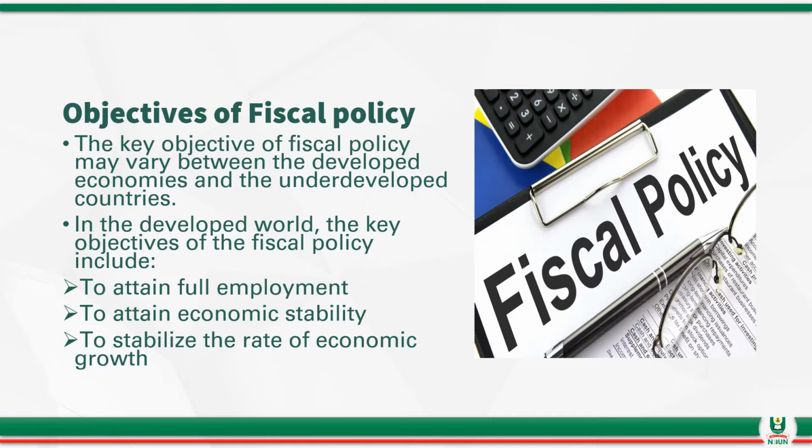This can involve the use of tariff policy. Then the last one here is to stabilize the rate of economic growth. The aim here is to achieve stable economic growth over time. So these are the key policy objectives of fiscal policy in the advanced countries.